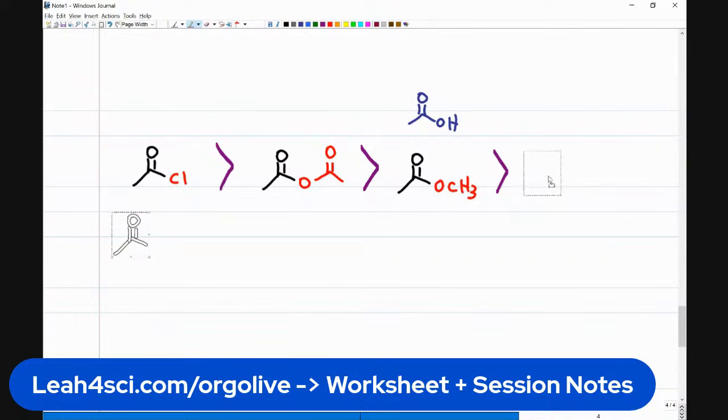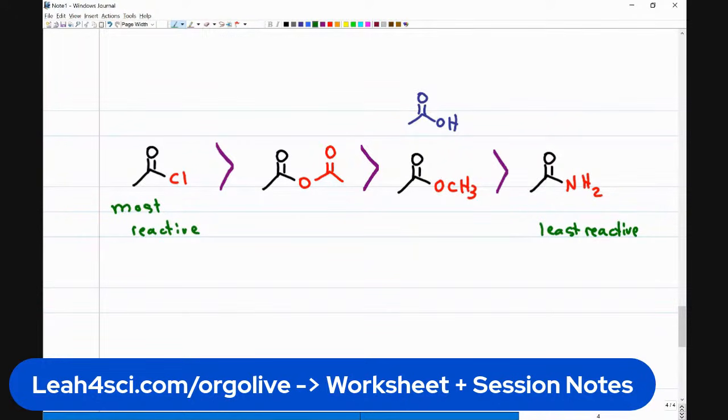That was the derivative that had nitrogen and either hydrogens or R groups or both. I'll keep this one simple with an NH2. So again, the acid halide is most reactive, and I will show you why in just a moment. The amide on the right is least reactive, and this is the order.